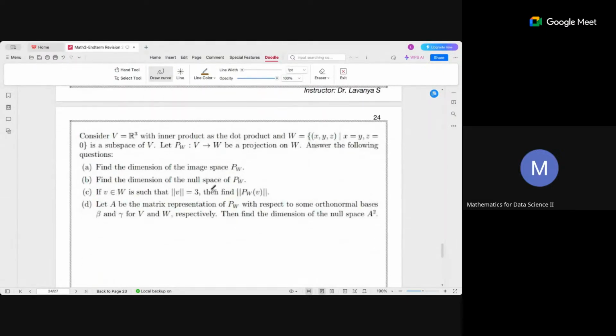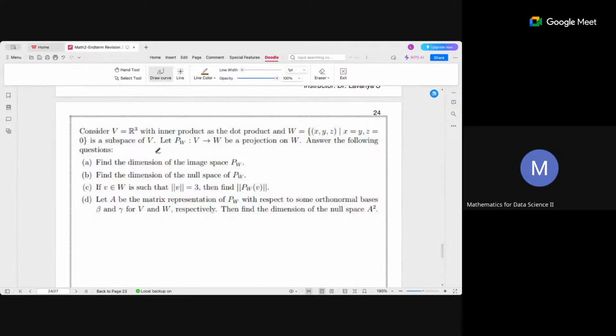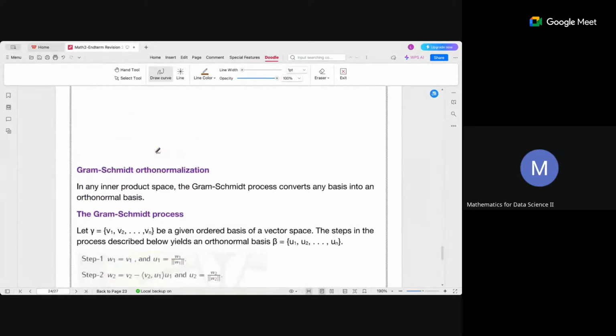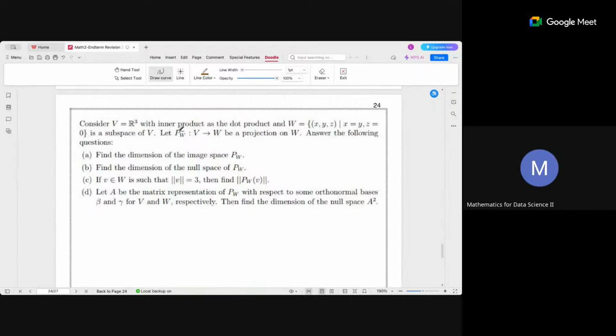We are almost at the end. I guess only 2 more problems are there. Consider V equal to R^3 with inner product as dot product. You are given this subspace W and you are given the projection. Find the dimension of the image space of P_W. It is nothing but the dimension of W, which is 1.